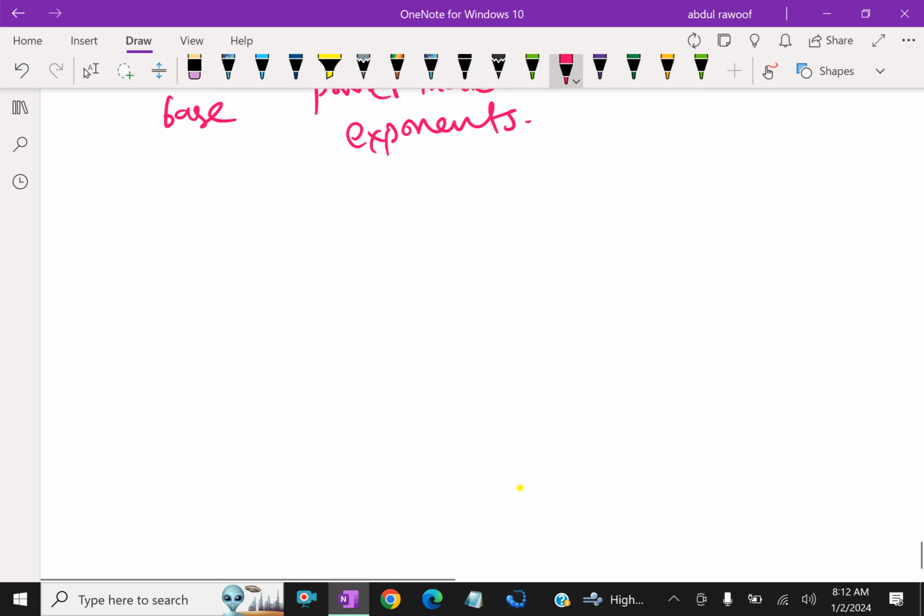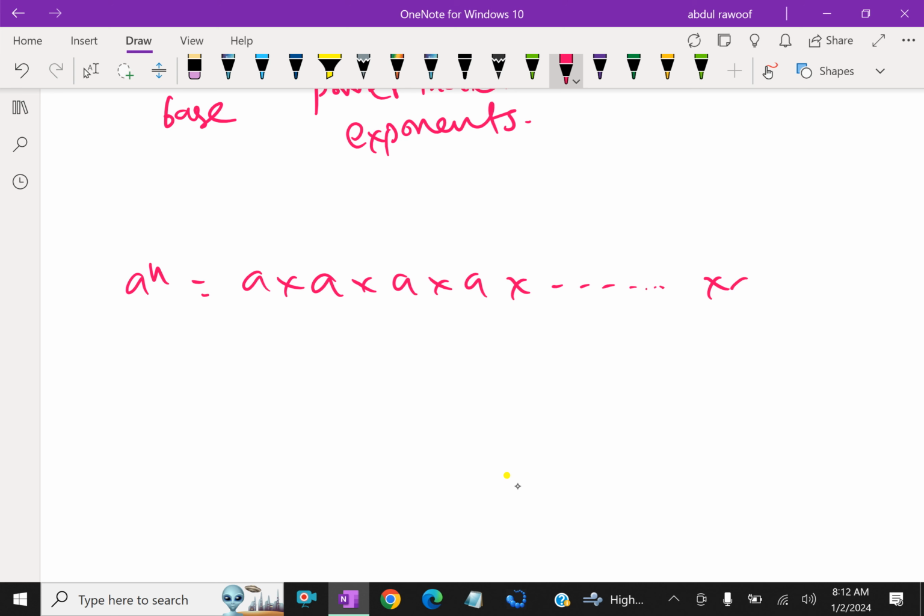Now, in general, a power n can be written as a into a into a into a, then continue into a, n times. So there are n factors, n repeated factors.